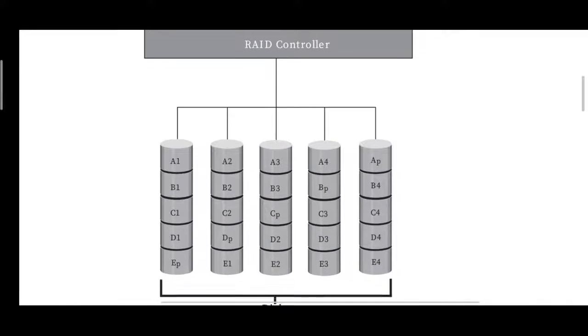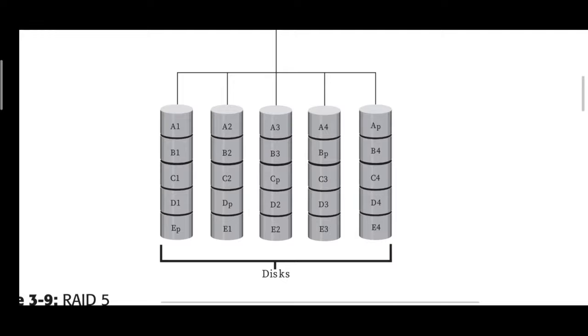Here there is no dedicated array. Parity is stored randomly. You see A1, A2, A3, A4 and the fifth value is parity, but next time the fourth value itself is parity. BP is there immediately after B3 in the second row. That is the difference between RAID 3, 4 as well as 5. Okay, RAID 3 and RAID 4 belong to the same category, but RAID 5 is quite different. There is no dedicated array for storing the parity.